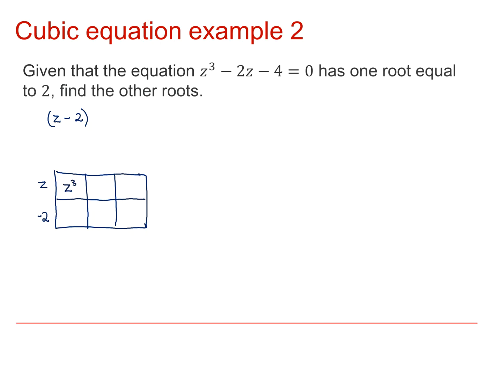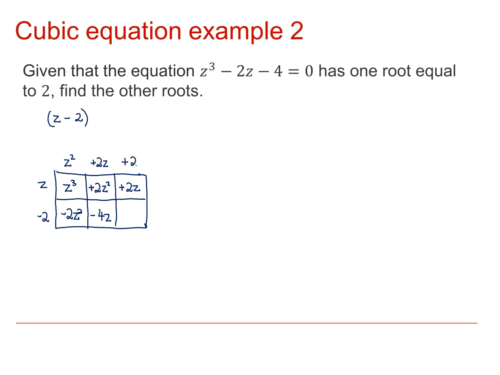So, I need z cubed, so I'll use z squared up there. That gives me minus 2z squared. I don't actually want any z squared terms, so I put 2z squared in there, which means I need 2z up there. That gives me minus 4z here, but I only want minus 2z, so I'm going to add 2z.